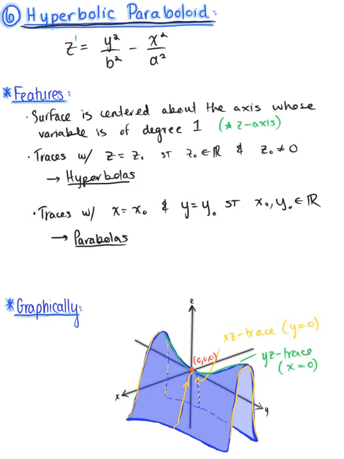Versus if you're thinking about a small open region around this ordered triplet, and you're thinking about the parabola defined by the yz trace, notice that it's a minimum point. So this is a fun feature that we're going to look at when we explore curve sketching and extrema with surfaces, that not only do we have maximum points and minimum points, but we also have points that are both. Those are called saddle points. So get excited. We'll be looking at this in more detail at the end of this chapter.